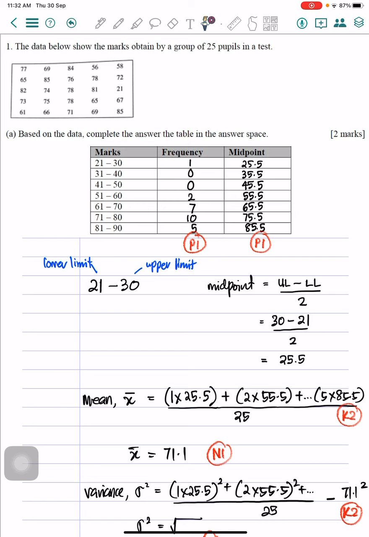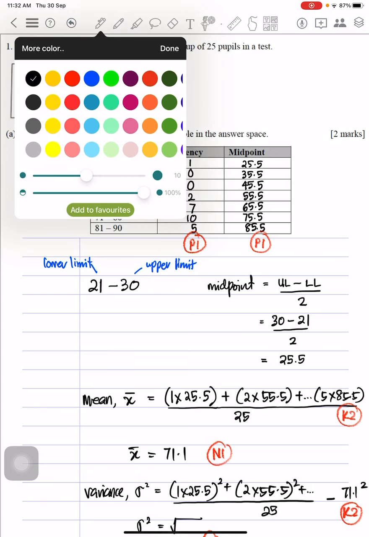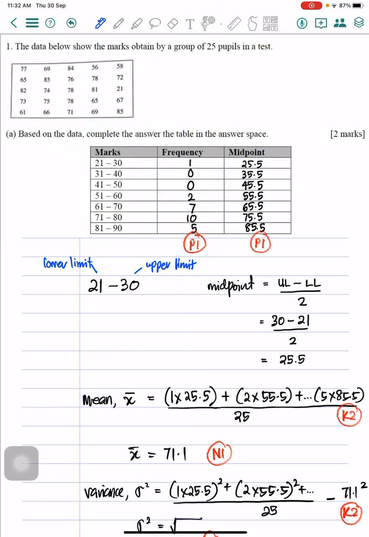So how do you want to find the frequency? You see from the data, for example, 77 goes to class interval 71 to 80. I advise you to use a tally table. Example, 71, so 1.